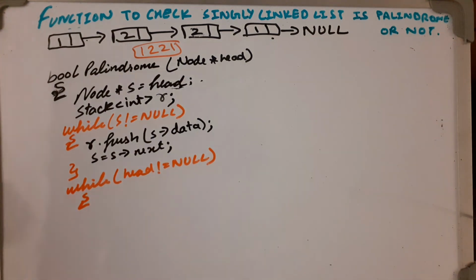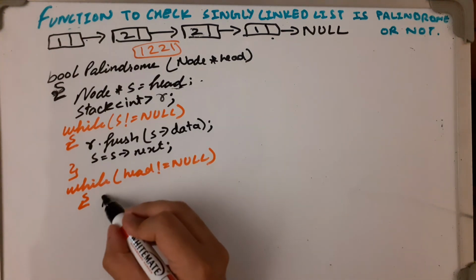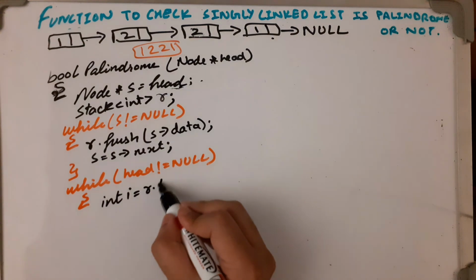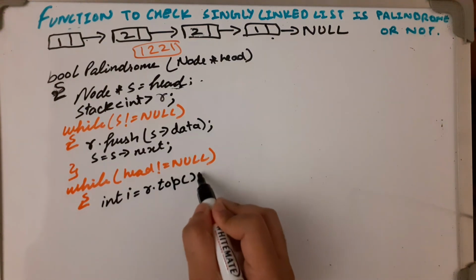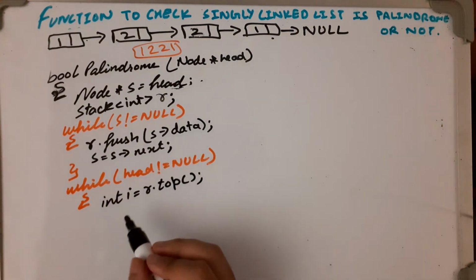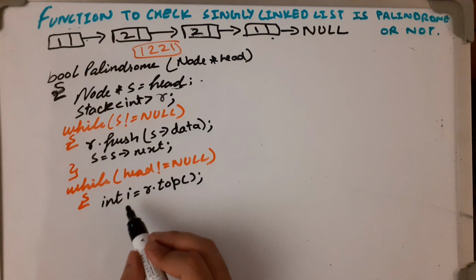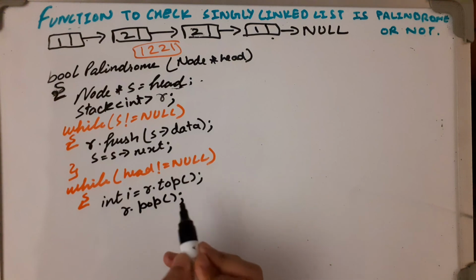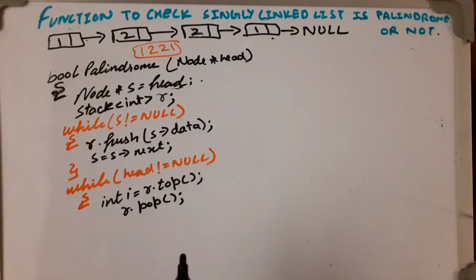Now I have the condition int i equals r dot top. As you already know, top returns the first element of the stack, and then we have r dot pop. Pop will delete the first element in the stack. Okay guys, you are aware of these things.